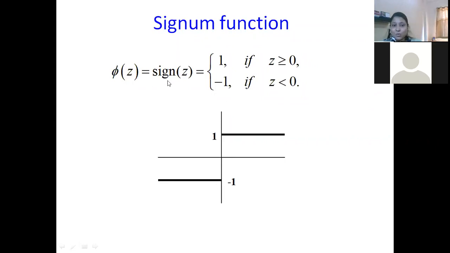So basically the sign of z matters most, because it deals with the sign associated with this 1, that means either positive or negative.